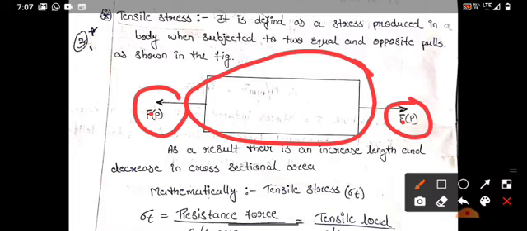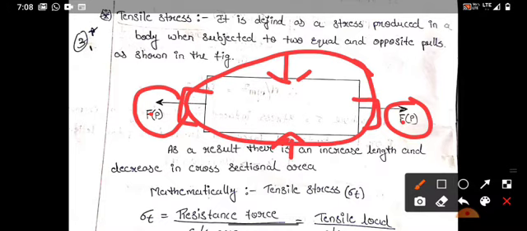They pull the rectangular block on both sides, and due to that, the length of this block will increase, whereas the cross section will decrease.